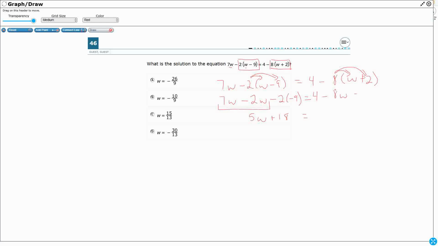And then I've got a minus 8 times positive 2, so that's going to be a negative 16. So I've got a 4 minus 8w minus 16. And so I need to bring these together. I need the 4 minus 16. So that's going to be negative 12 minus 8w.